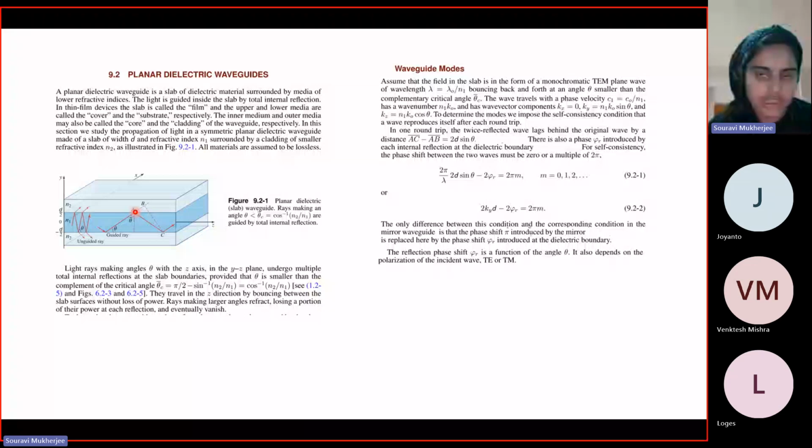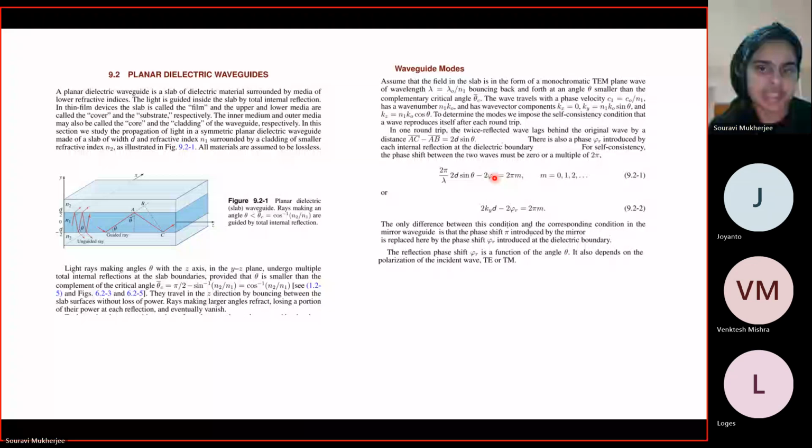So you have to consider some phase. For now, we consider that the phase shift because of reflection is taken as phi r. Because you have two such reflections, the phase acquired is 2 phi r. Okay. So now this net phase change should be equal to 2 pi m. This is after two reflections.